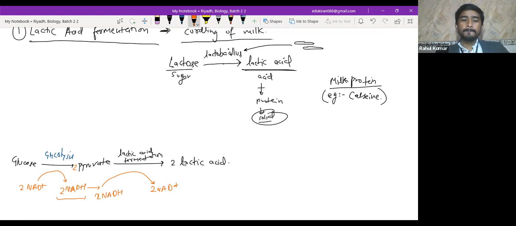Okay. Whenever NADH is involved, I have told you, we are basically removing hydrogen. So can you guess the name of the enzyme which is playing part here in lactic acid fermentation?